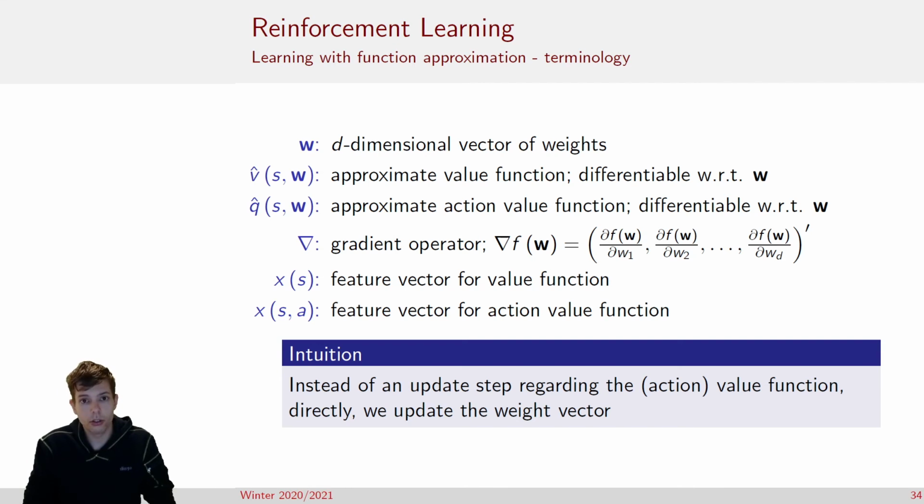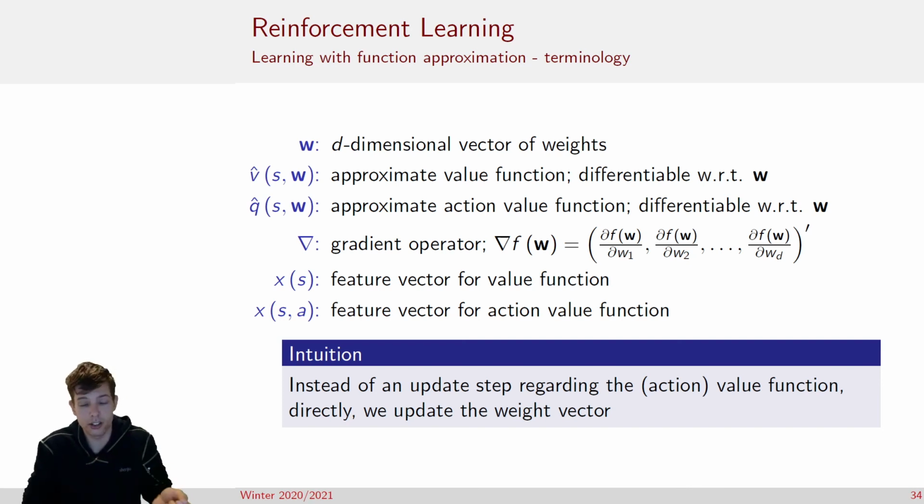Most of the time, we are not only interested in the bare states themselves, so the number of cars in the first location and the number of cars in the second location, but we might need to create a feature vector from these states. We can do this in several ways. We'll see on the next slide. If you consider the car example and the initialization of the value function, we could of course add some interaction term to that initialized value function.